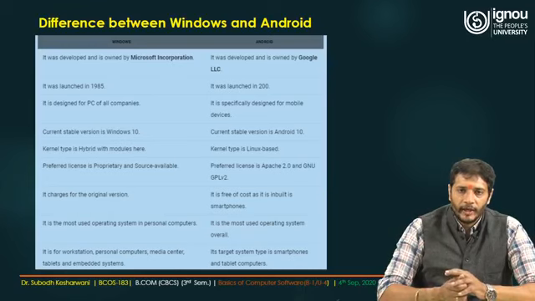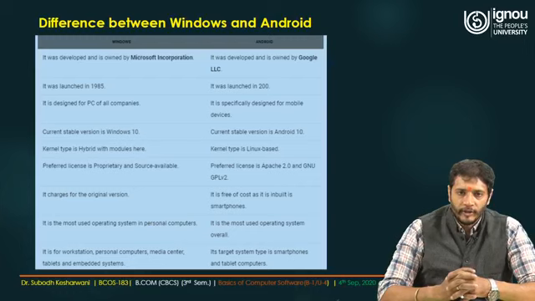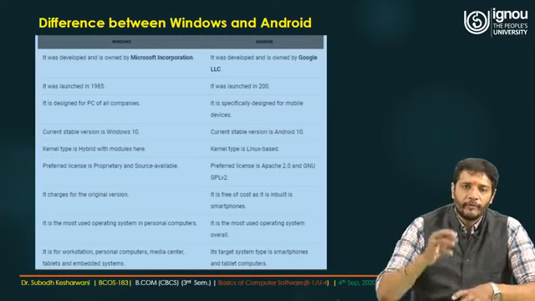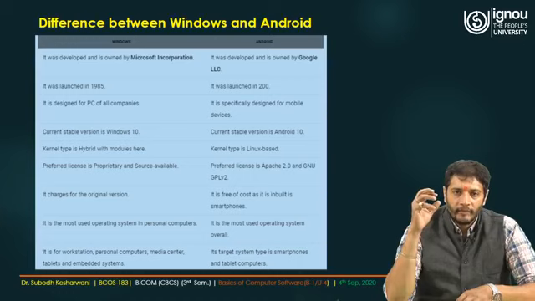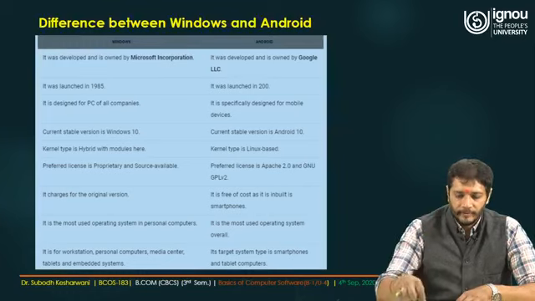It follows a Linux-based kernel, with preferred licenses of Apache 2.0 and GPL version 2, and it's free of cost. This is software built into smartphones, and if manufacturers want certain customization in Android, then only do they get paid. Otherwise, Android gives this software at a throwaway price or a very lucrative price.